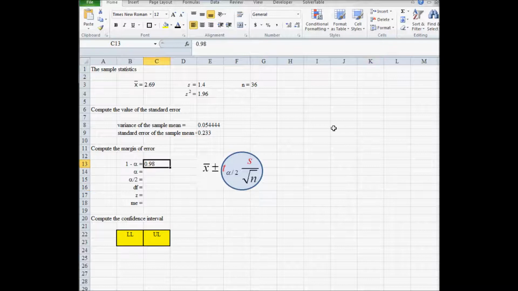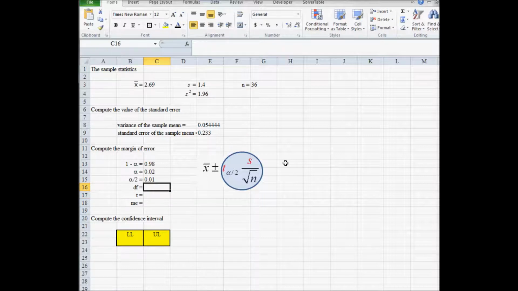Now, the confidence level is 0.98, so that means that the significance level is 0.02. Because the confidence interval has two values, an upper value and a lower value, a lower tail and an upper tail, we have to divide the significance level by 2. The t value comes from a t distribution.